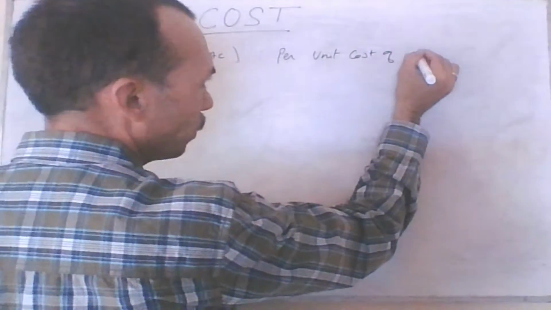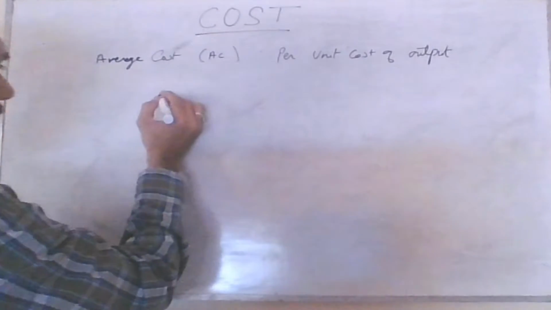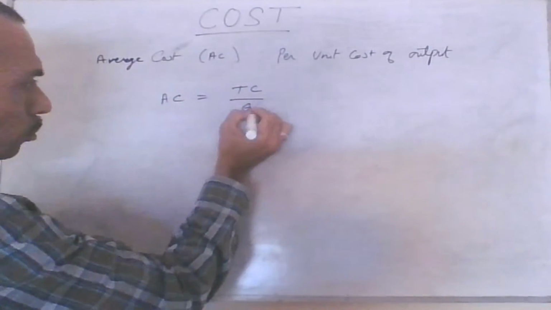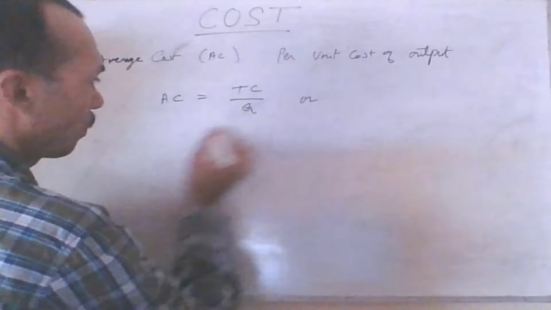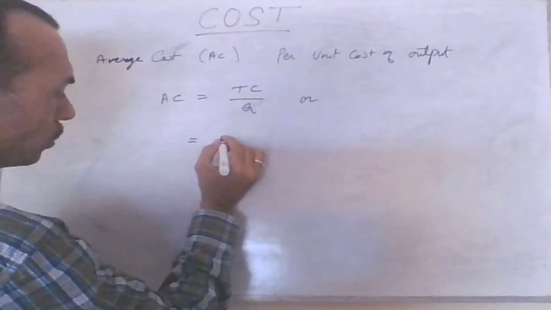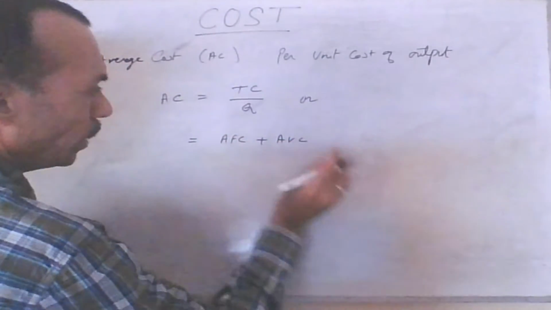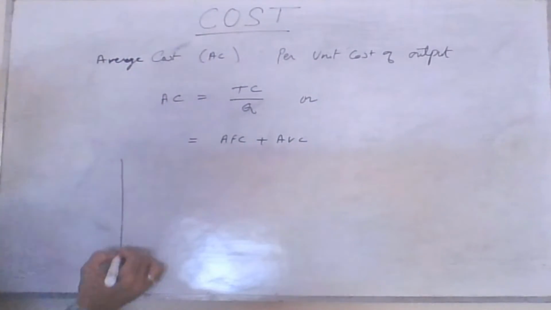So how to calculate AC? AC equals TC divided by Q. Average cost equals total cost divided by output, or average cost equals average fixed cost plus average variable cost. Now, average cost is also a U-shaped curve.